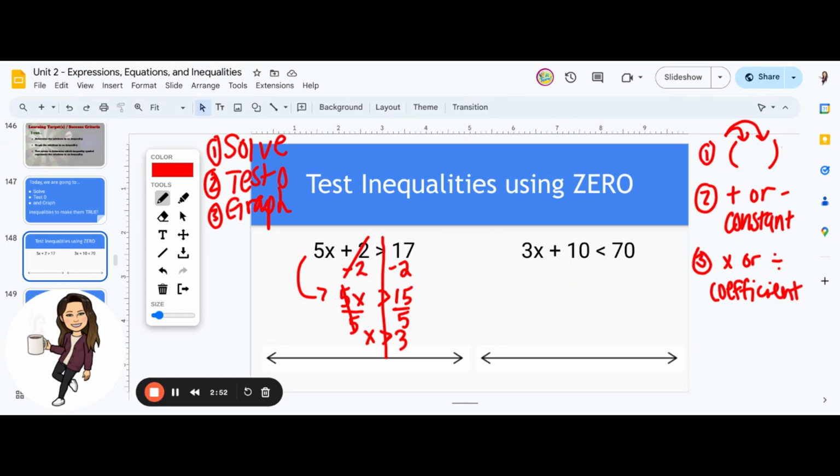So here's how we test 0. We are going to take our original equation or inequality, and we are going to plug in a 0.